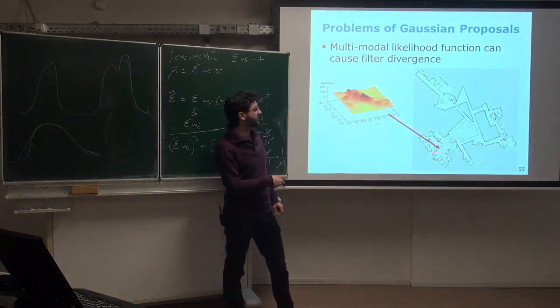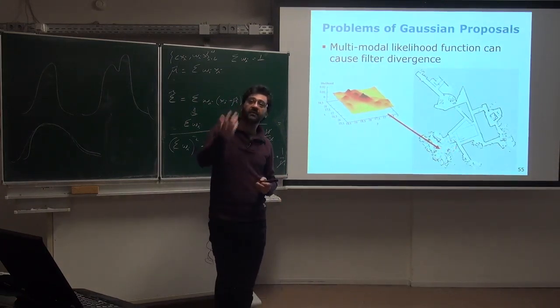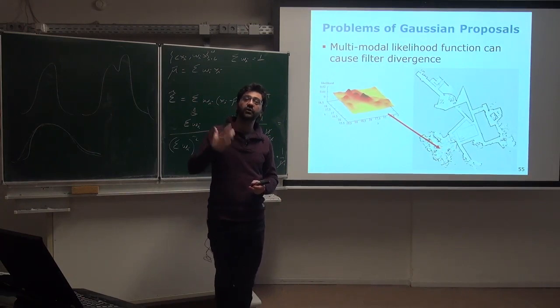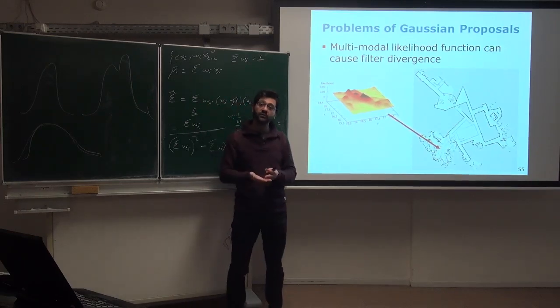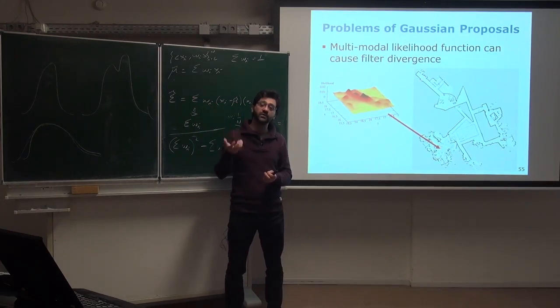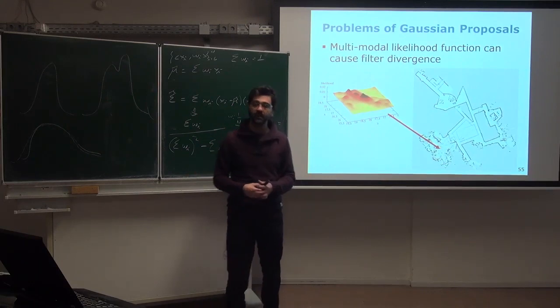And that's because here you had bad samples, and since you only sample from the bad part of the state space, you do not have the right samples in your distribution. So basically, you cut out part of the support of the distribution, which was the support where the true value of your variable was. So you will never be able to recover from that.